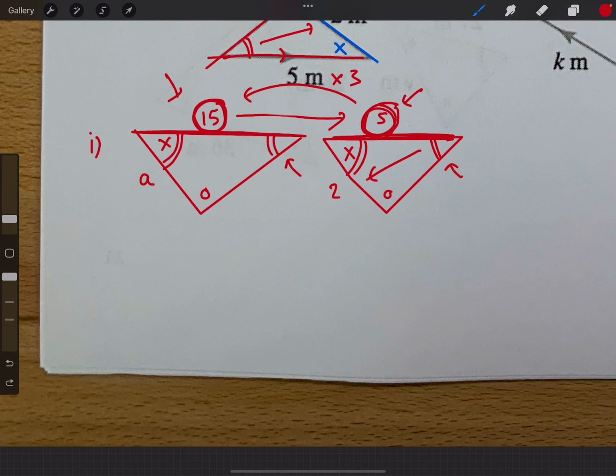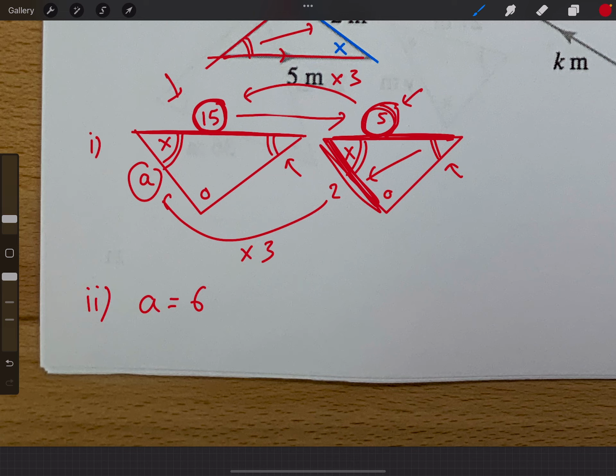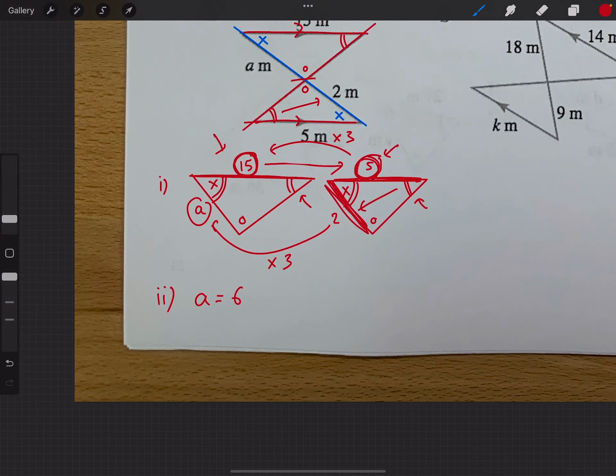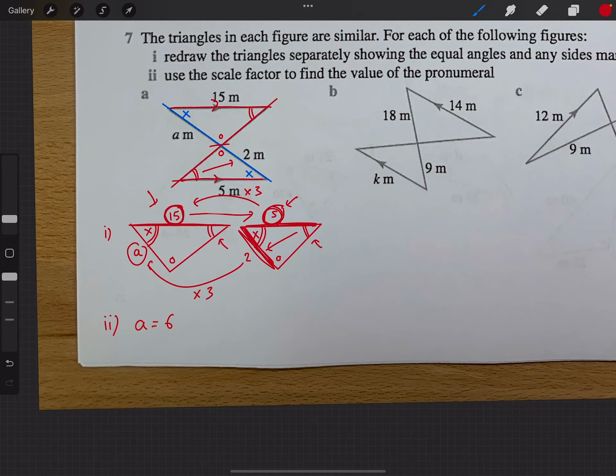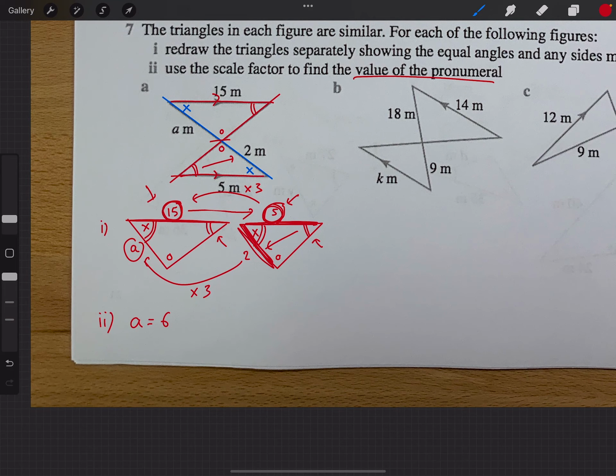Because I know that they're similar triangles, and I know that one of the lengths is 3 times larger than the other one, so the rest of them are also going to be 3 times larger. So if this is 2, times it by 3, this A should be equal to 6. So part 2 of the question is to get A equals 6. It says find the value of the pronumerals, which we just did here.